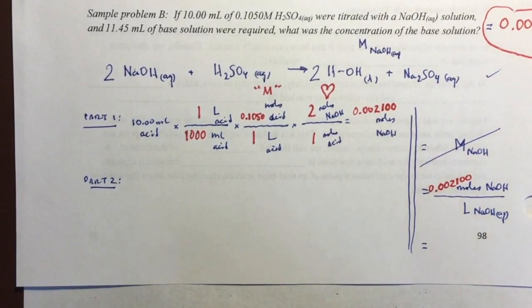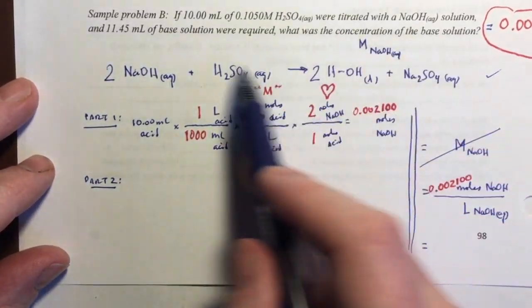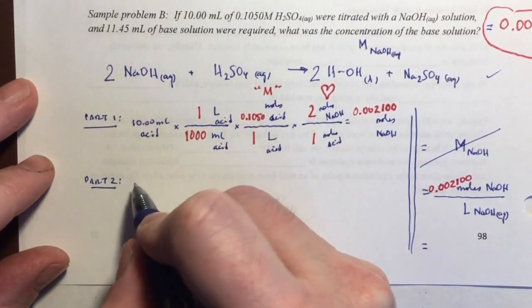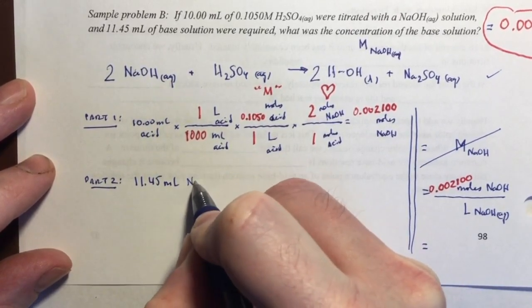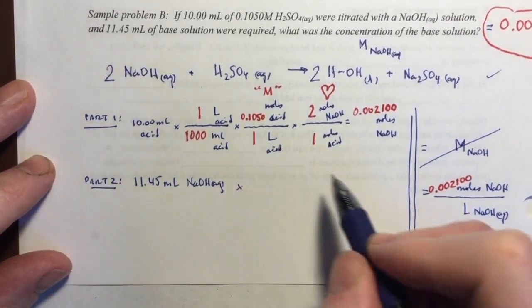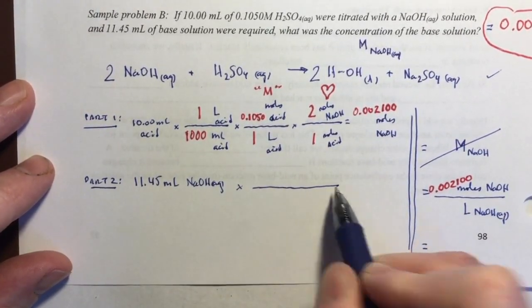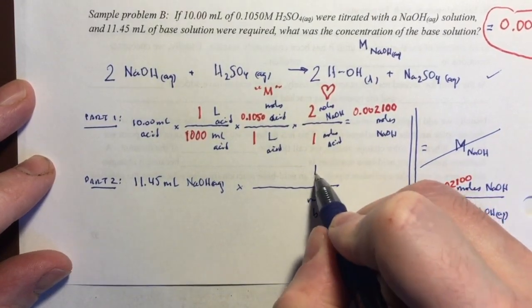Now for part 2, I'm going to calculate what the denominator should be. So the liters of the base. So I start with the volume of the base in milliliters. And it's going to be a one-step conversion to go from milliliters of the base to liters of the base.